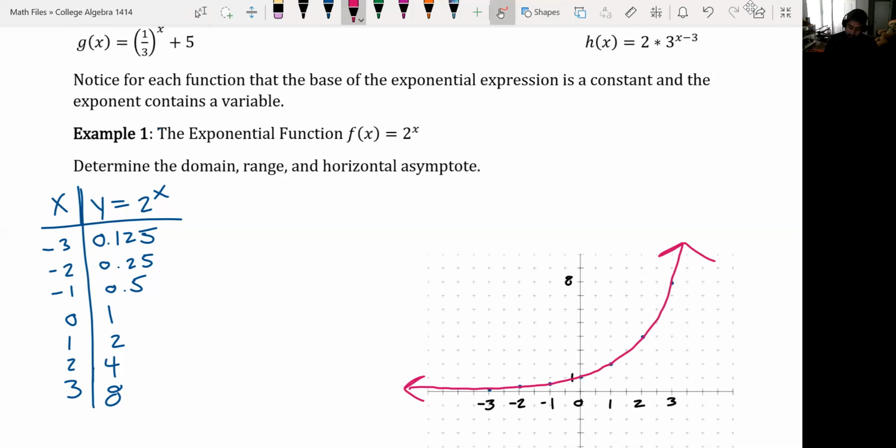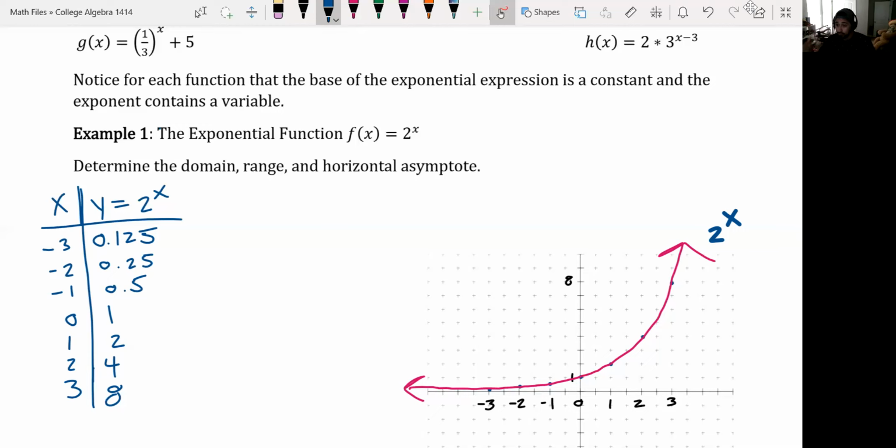And here's what our exponential function of 2 to the x looks like. Okay, so there's a reason why we never ever touch the x-axis, and that's just based on the properties of this exponential function 2 to the x. Honestly, it's the properties of every exponential function why you won't touch the x-axis.